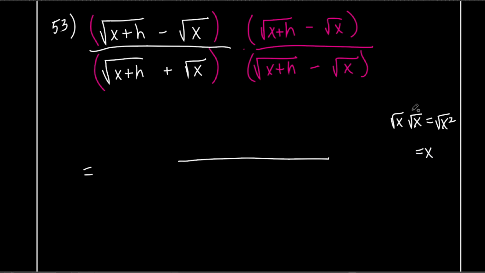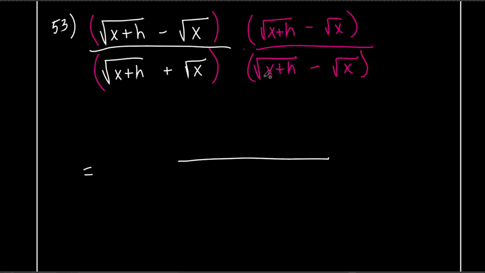They go. So this is just equal to whatever's underneath the square root. Everybody see that? I should have said earlier that this is when you multiply a square root by the same exact square root.